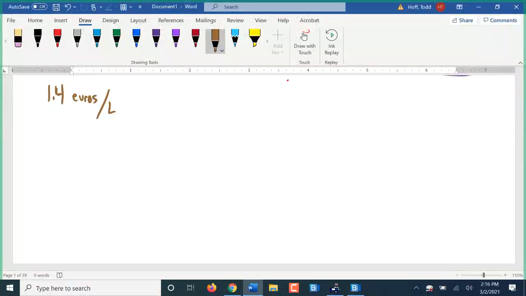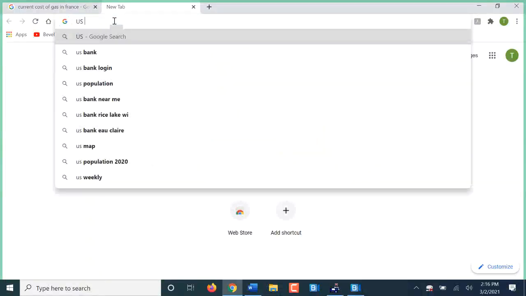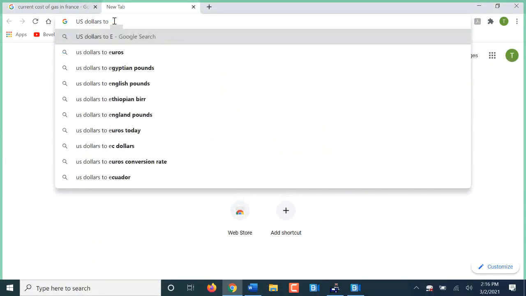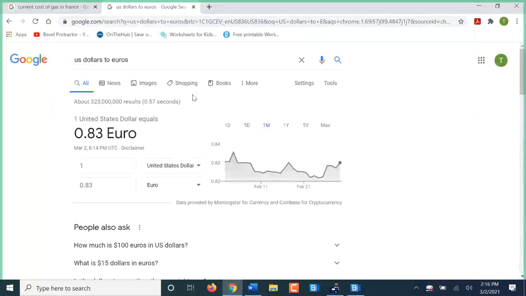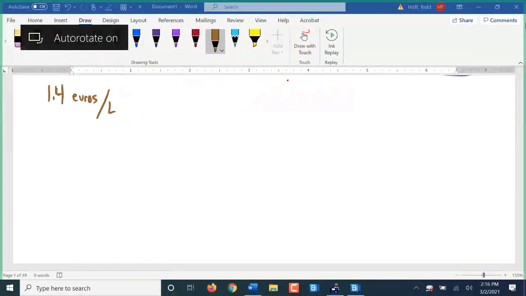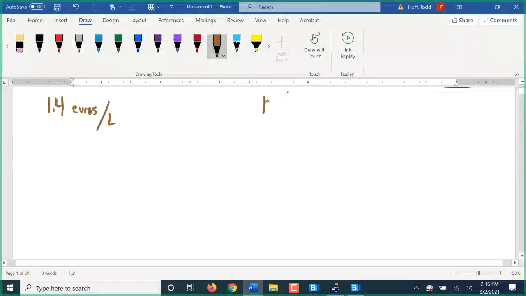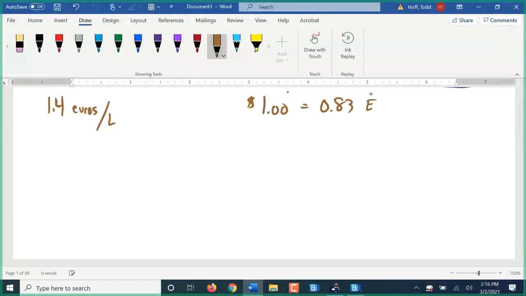Let's take a look. What is the conversion of U.S. dollars to euros? Right now, 1 U.S. dollar is 0.83 euros. So we'll use that equivalency. Notice we didn't have to have it memorized. 1 U.S. dollar equals 0.83 euros.